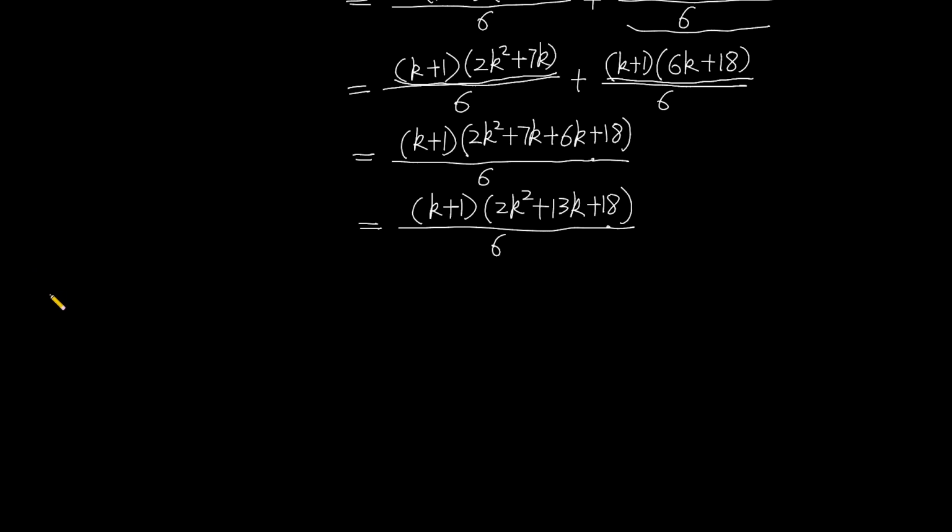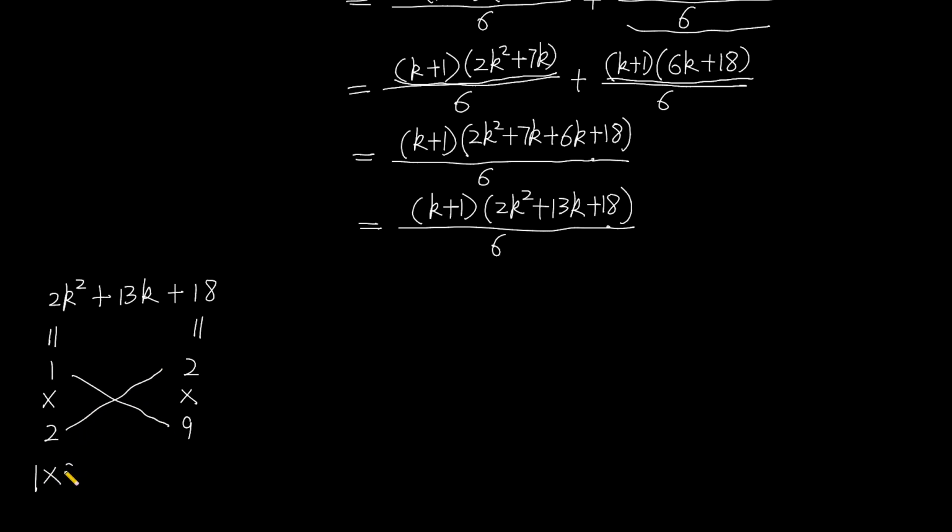Now let's check the factorization of 2k squared plus 13k plus 18. Here 2 equals 1 times 2 and 18 equals 2 times 9. We cross multiply: 1 times 9 plus 2 times 2 equals 13, and this matches the middle coefficient, also 13.